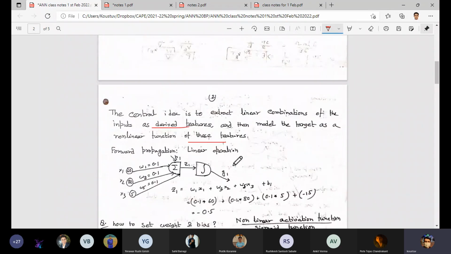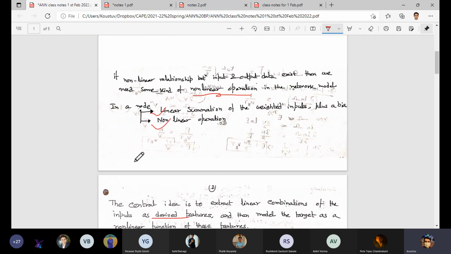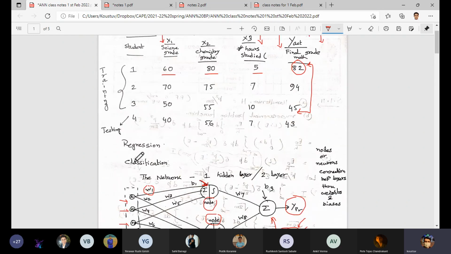This process is now shown here. We have just taken the first row of data, 60 and 85, and we are doing the step-by-step calculations with this data.